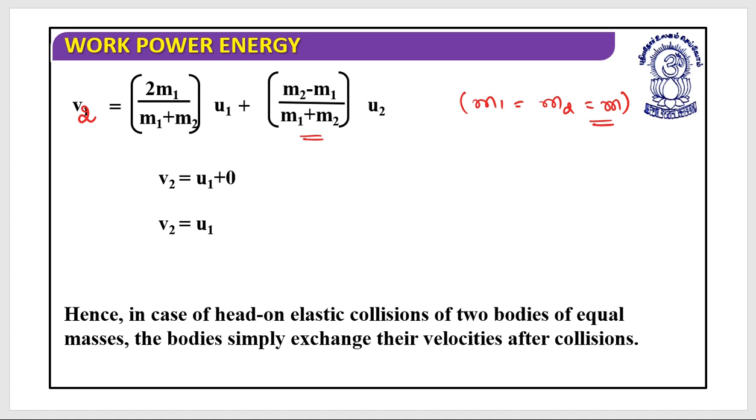Then 2m over 2m leaves u1, and m minus m would be 0, so that term is 0. So v2 equals u1. If you observe carefully, v1 equals u2 and v2 equals u1.